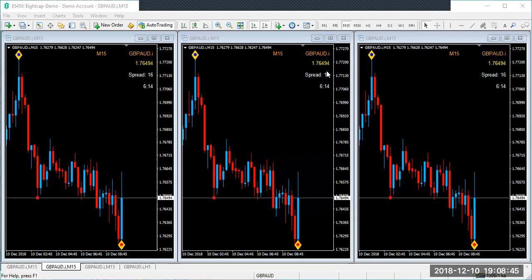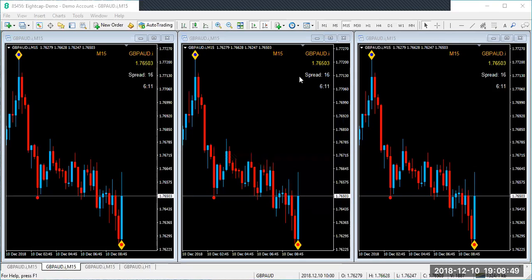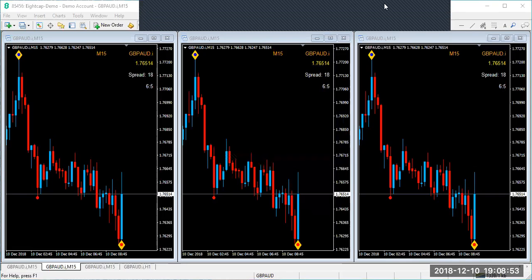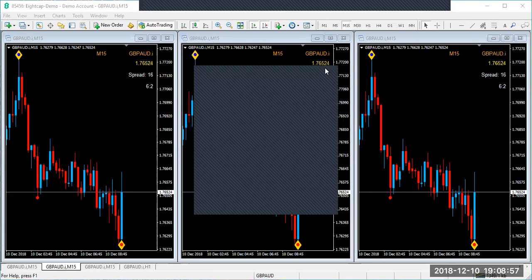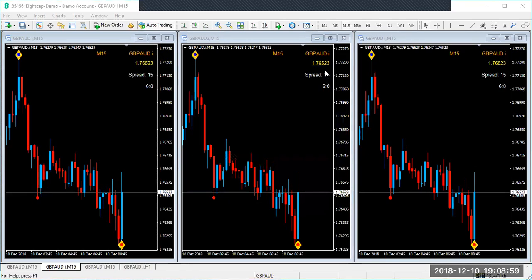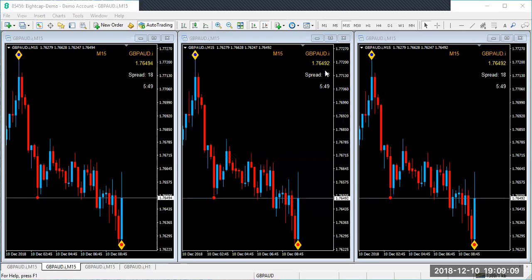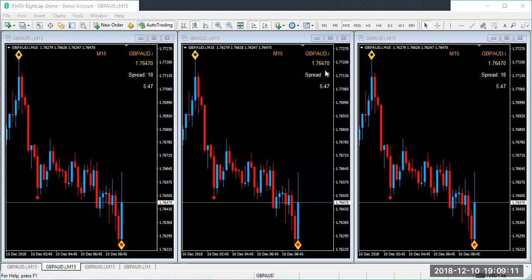Okay, great. I've put three charts there, all the same, right? I'm just going to show you basically what diamonds do, because diamonds are diamonds and we expect price to reverse on diamonds. I don't expect everyone to be an expert on how many pips it's going to turn, where the end will be, etc. That's why I have these different threshold diamonds to pop up at hopefully appropriate times.